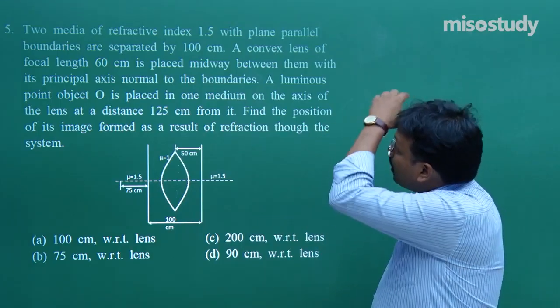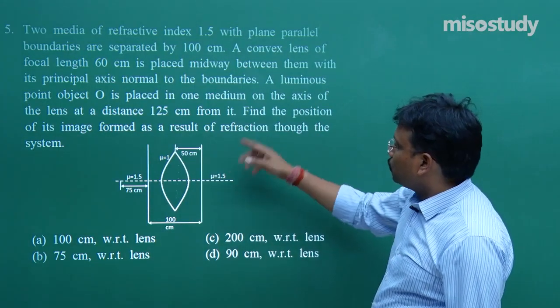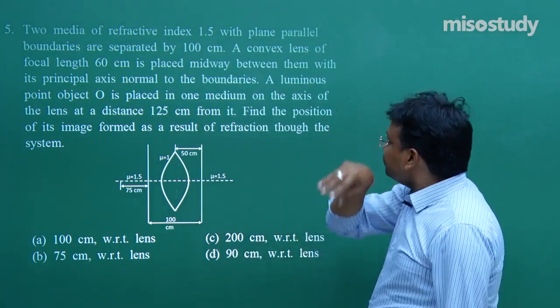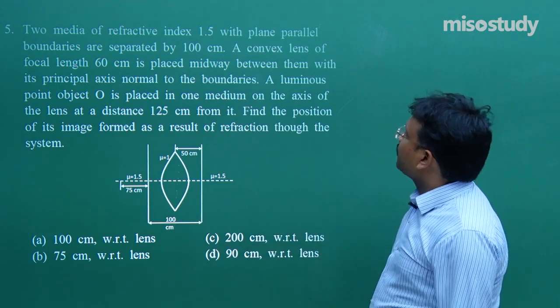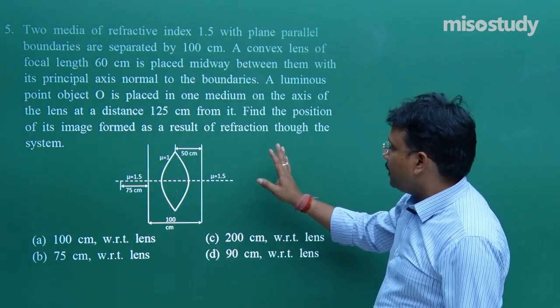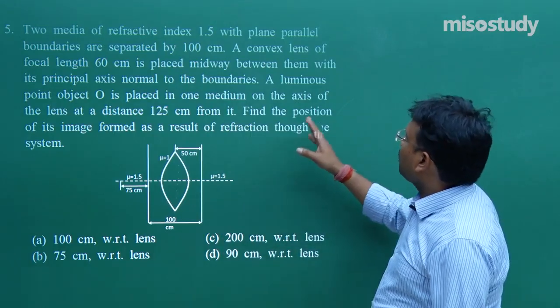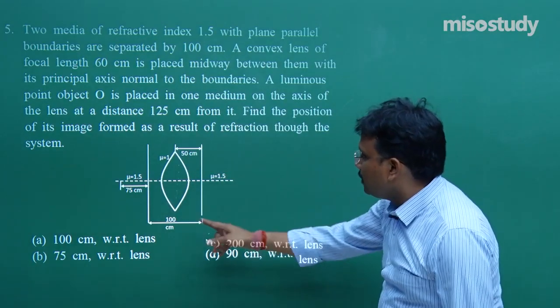Fine, midway between them, with the principal axis normal to the boundary. Okay. Normal to the boundary means the principal axis is perpendicular. A luminous point object O is placed in one medium. Fine. And on the axis of the lens at a distance 125 centimeter. Fine.